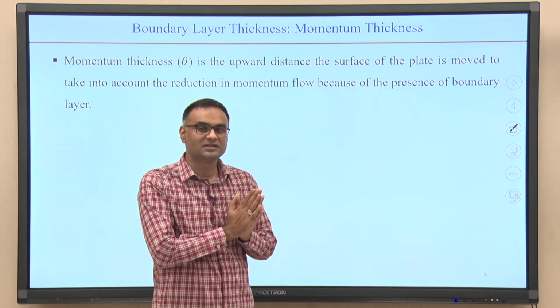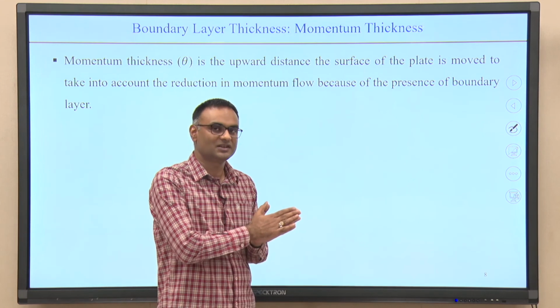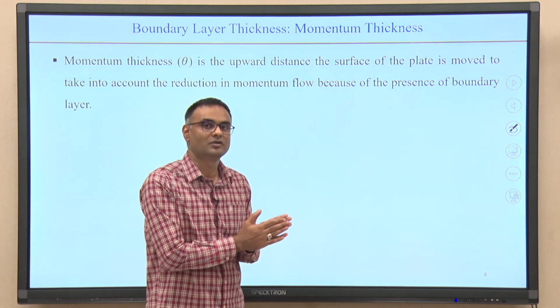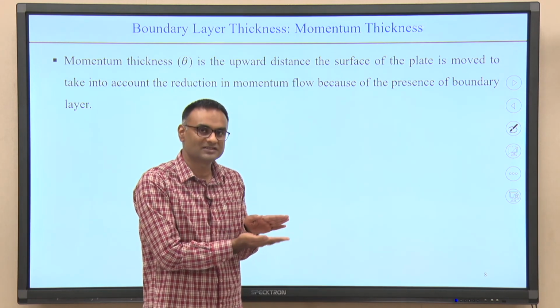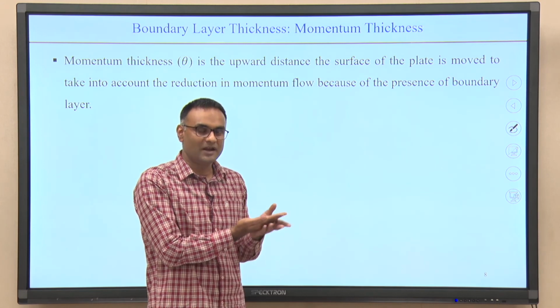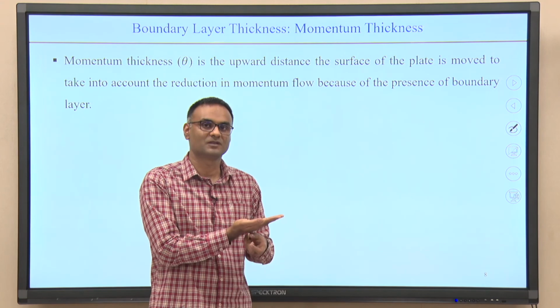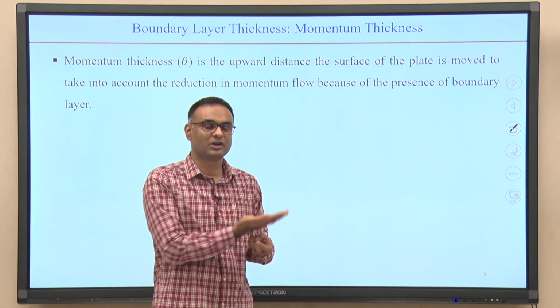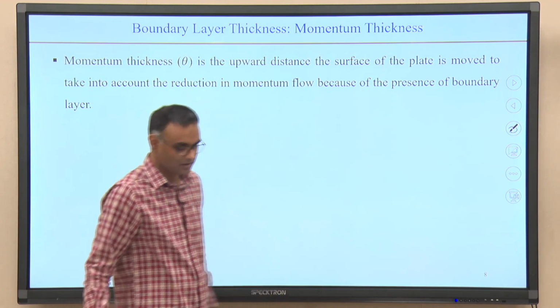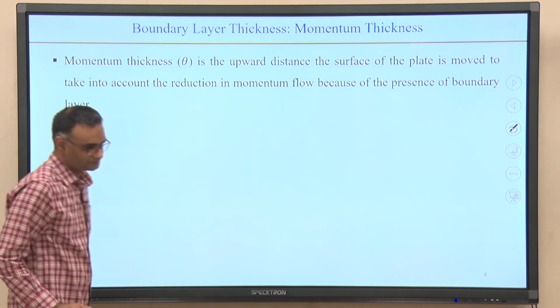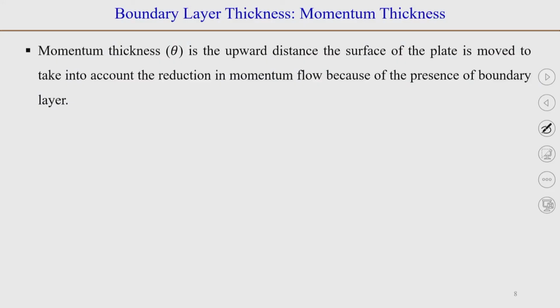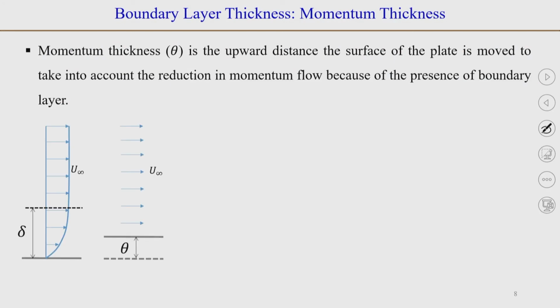Here, it is the momentum deficit which is taken into account, and the distance by which the plate needs to be moved up, so that the momentum deficit, or the reduction in momentum, because of the presence of boundary layer is taken into account. So, again a similar schematic picture.